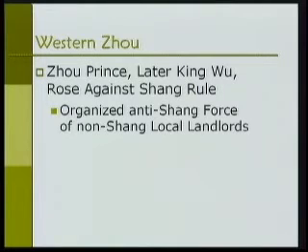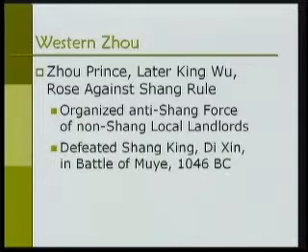They had to have the support of other people, and this would be a major point in how the Zhou would rule. So together, these people under the leadership of King Wu, the Zhou prince, defeated the last Shang king Di Xin in the Battle of Muye in 1046 BC. Now there is a great battle in a place called Muye in 1046 BC.